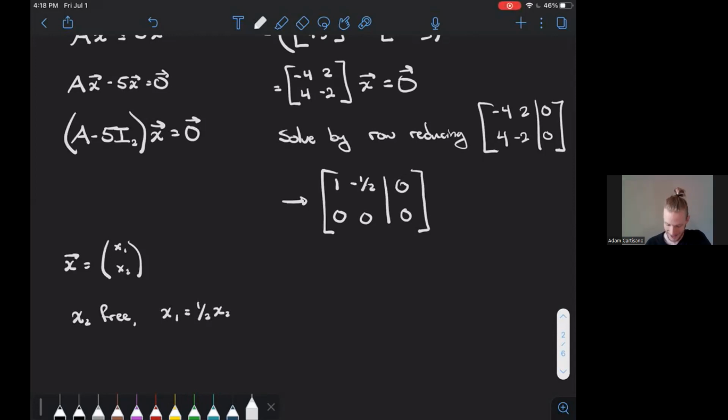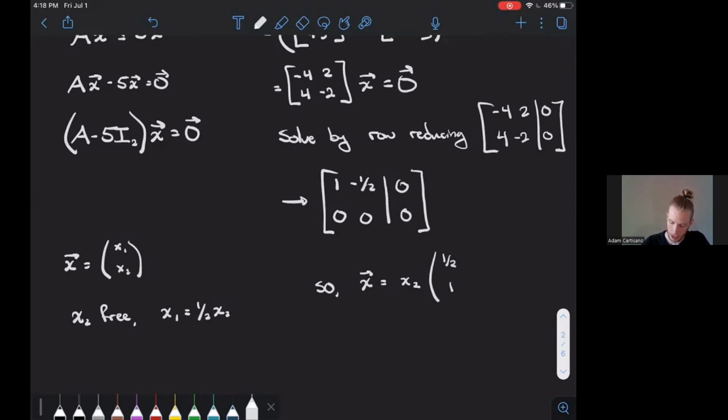So the solutions are of the form x equals x2 times 1/2, 1.